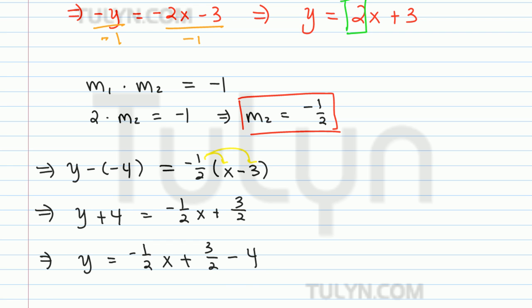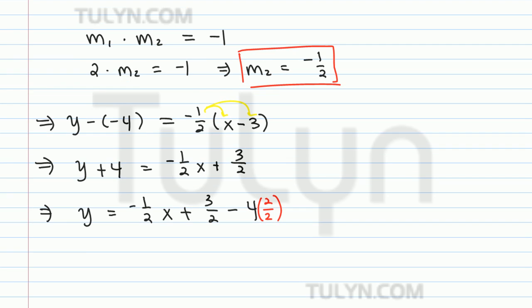And then if we want to combine these two, we have to have a common denominator of 2. So we have y is equal to -1/2 x plus 3/2 minus 8/2.